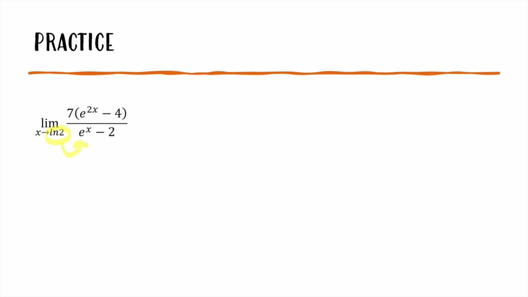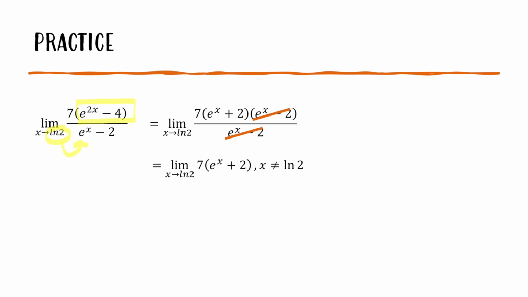But what you're supposed to recognize on this is e to the 2x minus 4 is actually a difference of squares, so we can factor the top into 7 times e to the x plus 2 times e to the x minus 2. Now I've got that e to the x minus 2 that I can cancel, and now we can do our direct substitution. E to the ln 2, that's going to become the same thing as 2. So we've got a final answer there of 28.